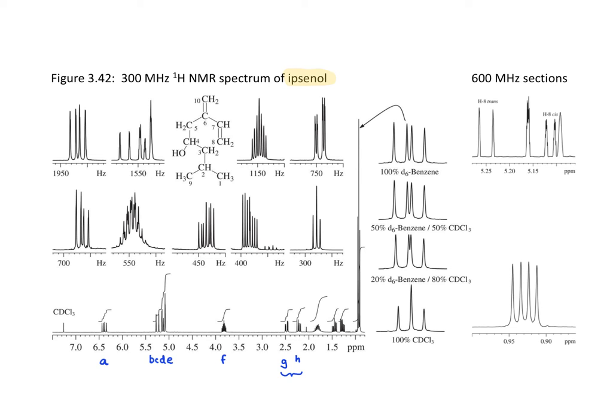At 1.8, this integrates to 2, but notice that there is some breadth, and from infrared spectroscopy, we know that there is an alcohol, so I will call these by 2 different letters, I and J, one of them being the hydroxyl OH.